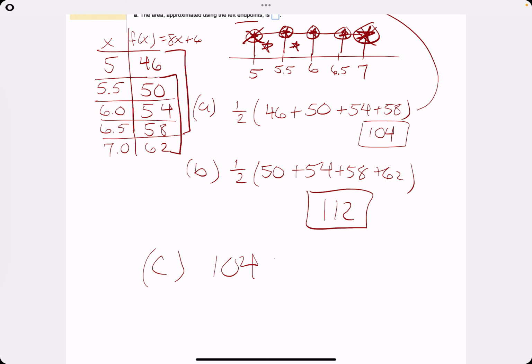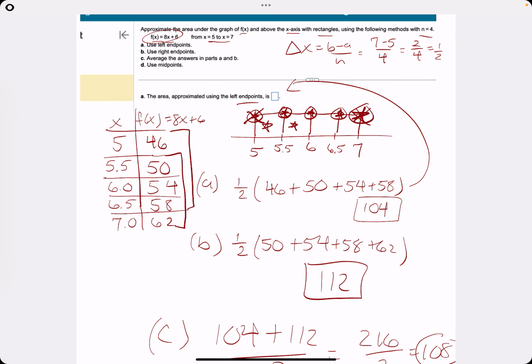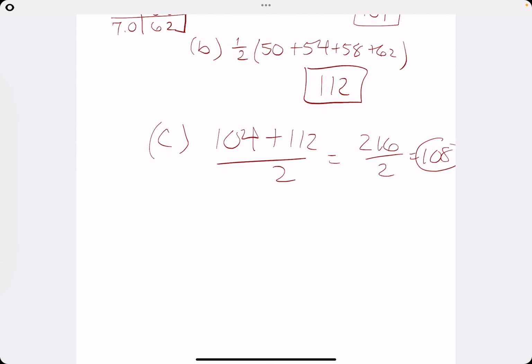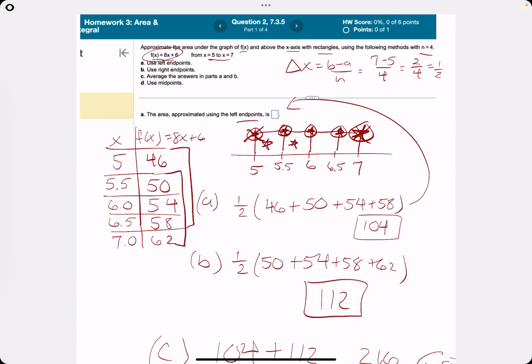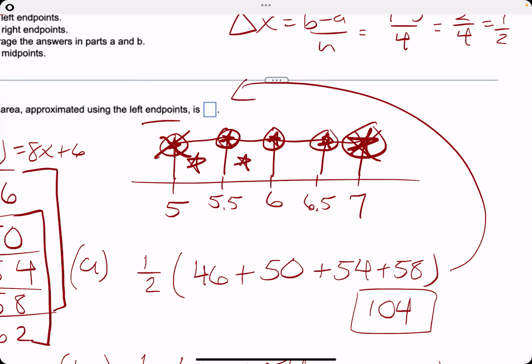In order to find the midpoint sum, what we have to use is actually the midpoints of each of these previous x values. So 5.25, 5.75, 6.25, and 6.75. So we need to make a whole new chart here.